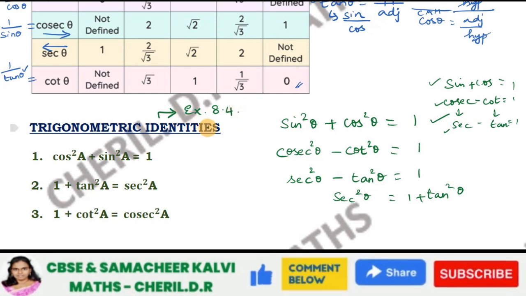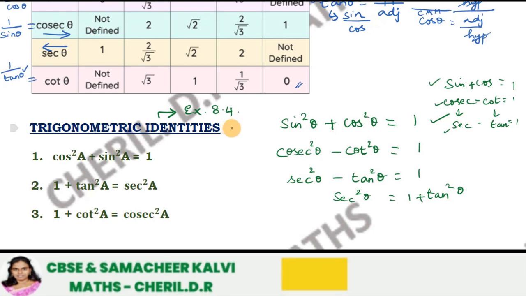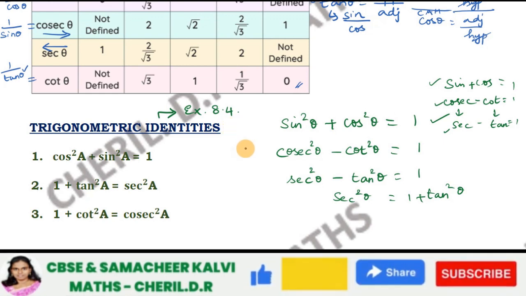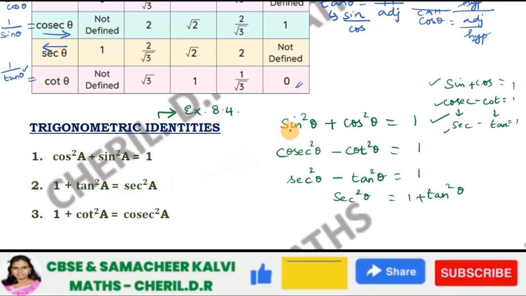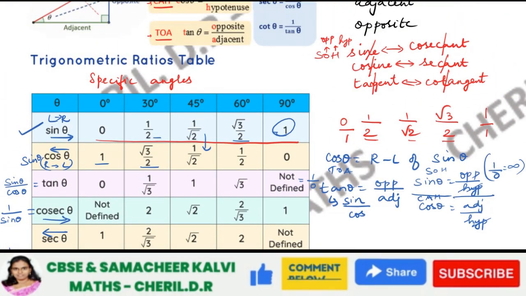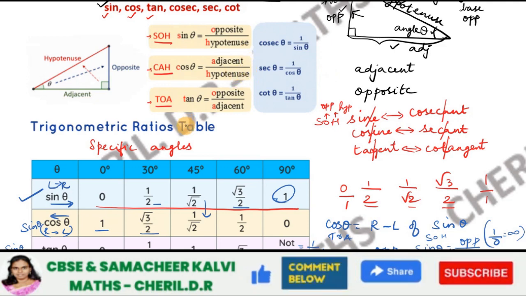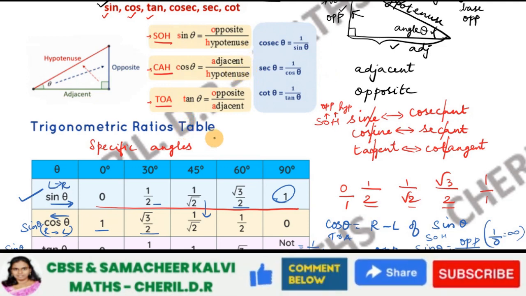So I will also solve the problems given in exercise 8.4 one by one, so that you will be able to find out the difference between how to use trigonometric identities and in what way. When you are using trigonometric identities, you will not only use these, but you will also use the above said ratios, the basic ratios also. Only then you will be able to solve these questions.